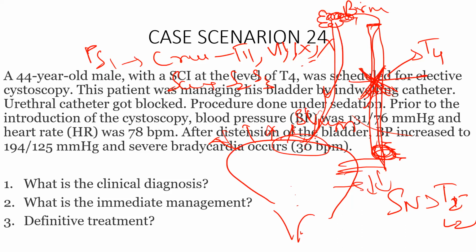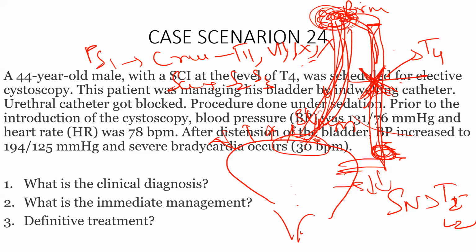In a patient with spinal cord injury, when you distend the bladder, the sympathetic signals are normally conducted to the brain by the peripheral nerves. There is no doubt in that. The brain will sense the distension and send the parasympathetic nervous system to counteract the response.